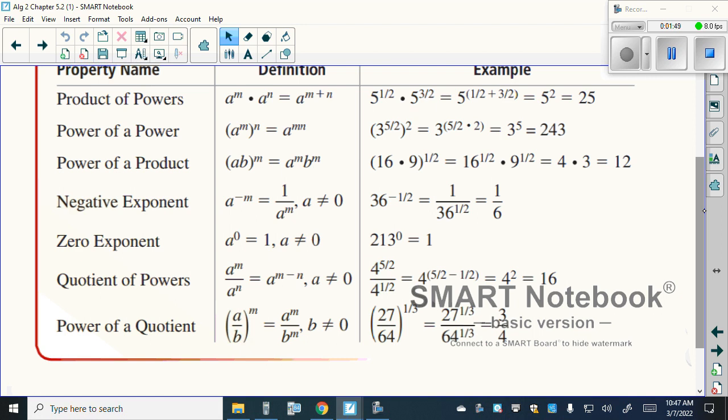To make exponents positive, we either move it from the denominator to the numerator or numerator to denominator, because going in either direction will change the exponent from positive to negative or negative to positive. Our zero exponent: anything to the zero power is 1, and that works for everything except 0.